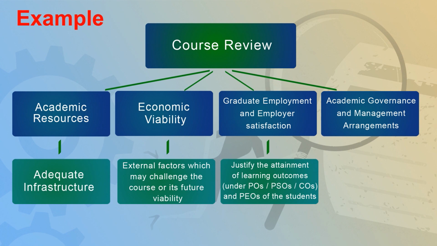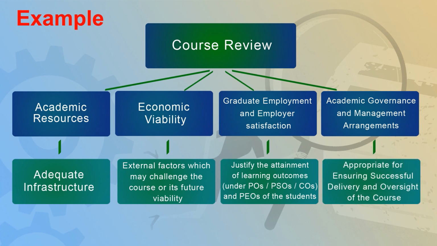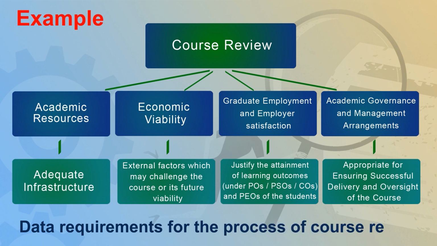For the component academic governance and management arrangements for the course under review, data required to provide sufficient evidence that they are appropriate for ensuring successful delivery and oversight of the course. This example gives us an indication of data requirements for the process of course review.